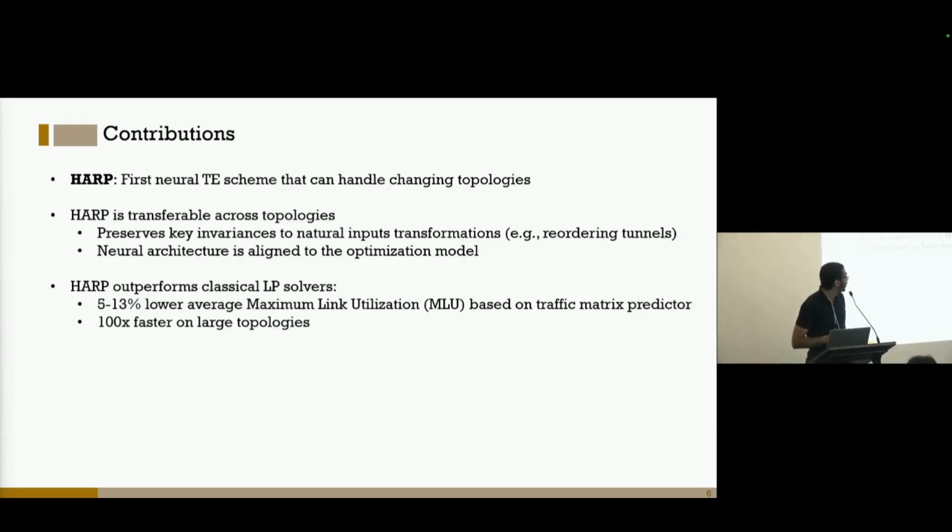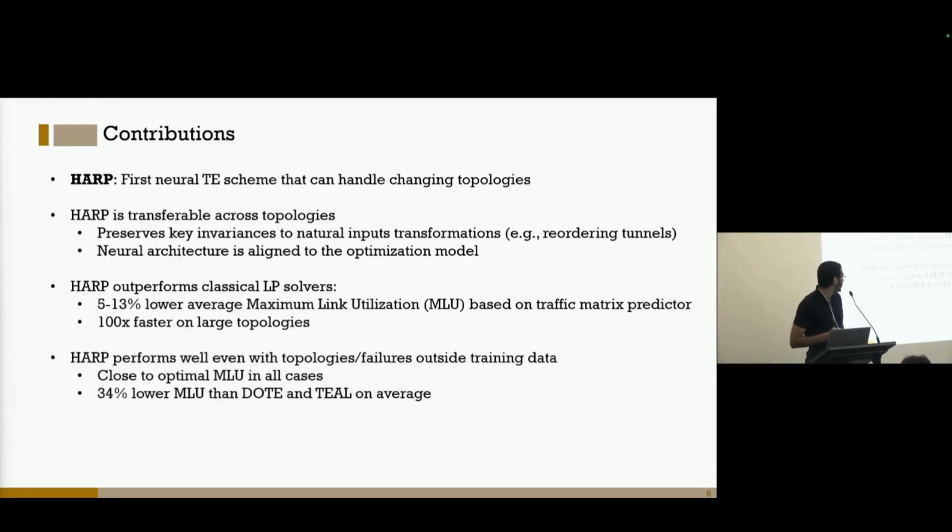Also, HARP is 100 times faster on large topologies compared to state-of-the-art neural TE schemes like DOT and TEAL. HARP generates 34% lower MLU than DOT and TEAL on average, while being close to optimal MLU despite the significant topology changes and failures seen in testing that are not in the training.